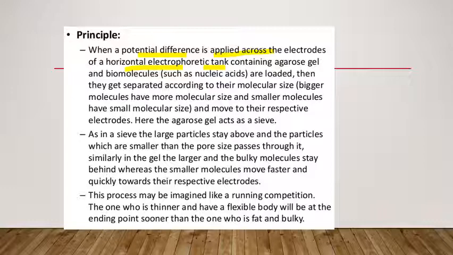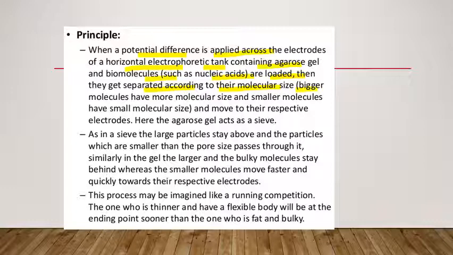Either we can take the vertical electrophoretic tank or the horizontal electrophoretic tank containing the agarose gel, or the starch, or the polyacrylamide gel, with biomolecules such as nucleic acids loaded into it, and the potential difference is applied. They get separated according to their molecular size.